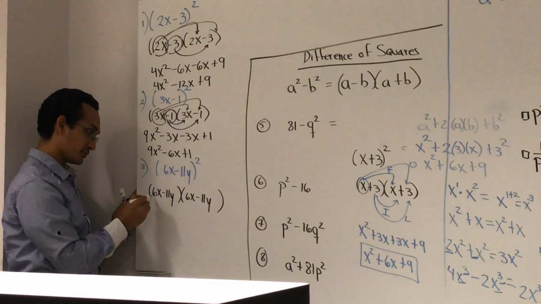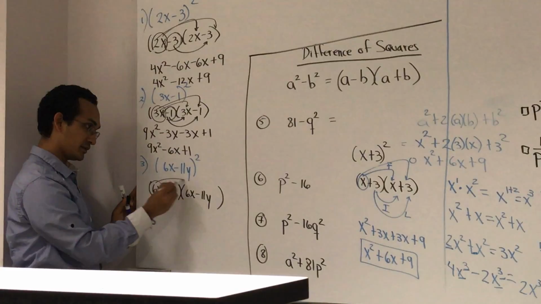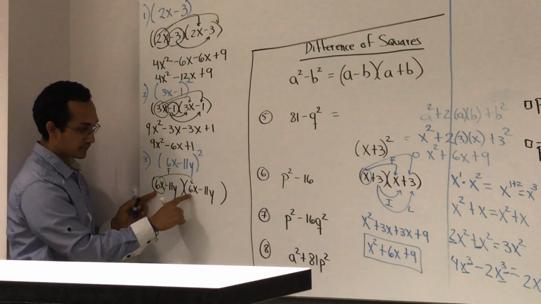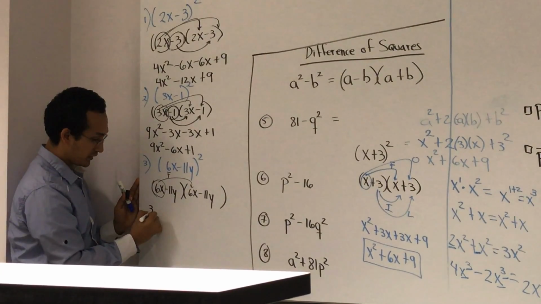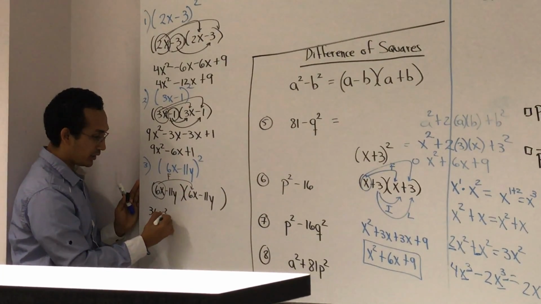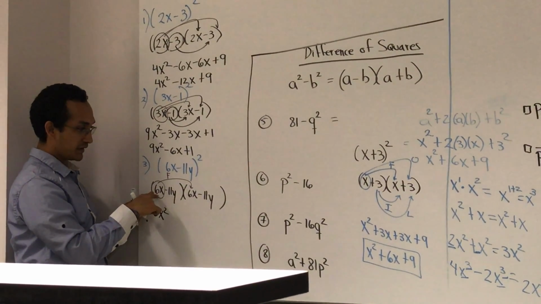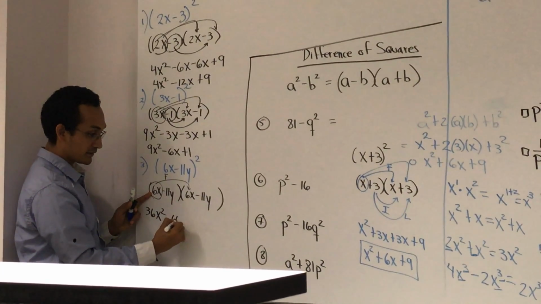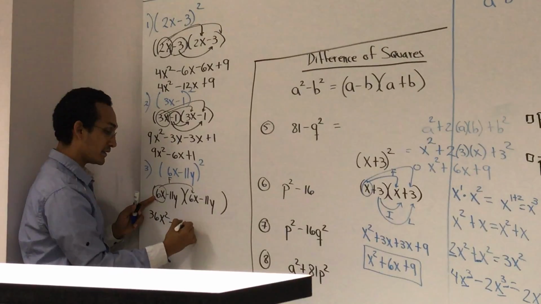What's the first? This and this, that's the first. 6 times 6? 36. 36x squared. The outer, 6 times 11, negative 66xy.